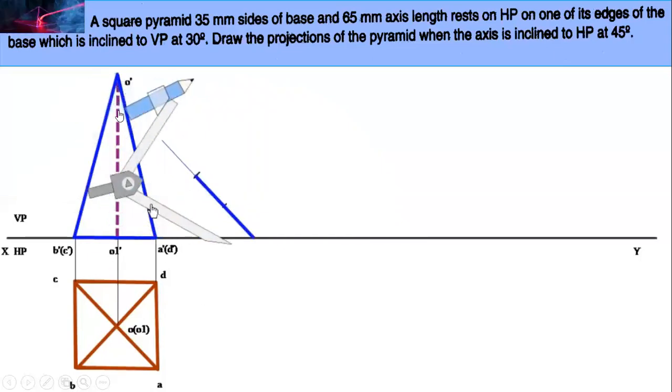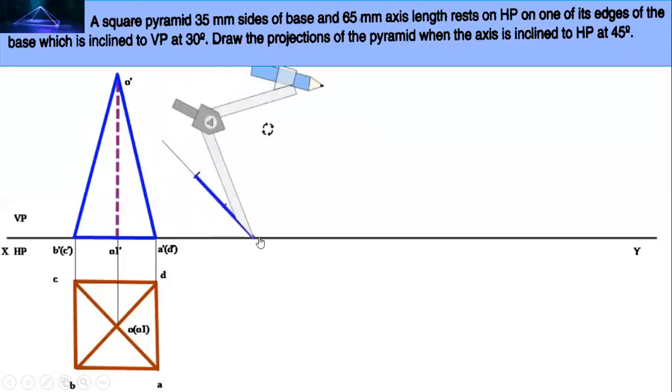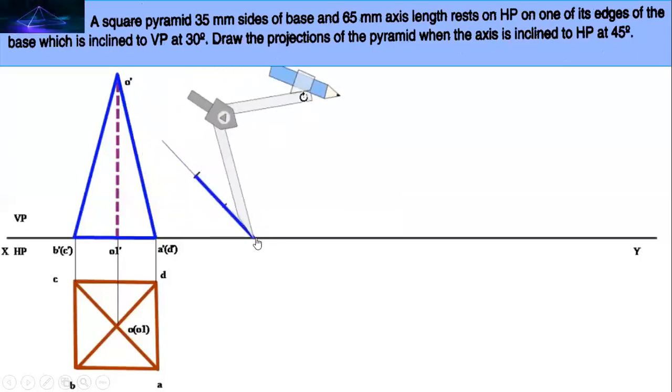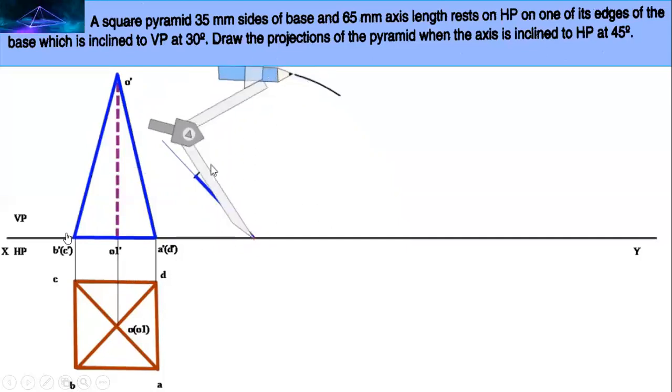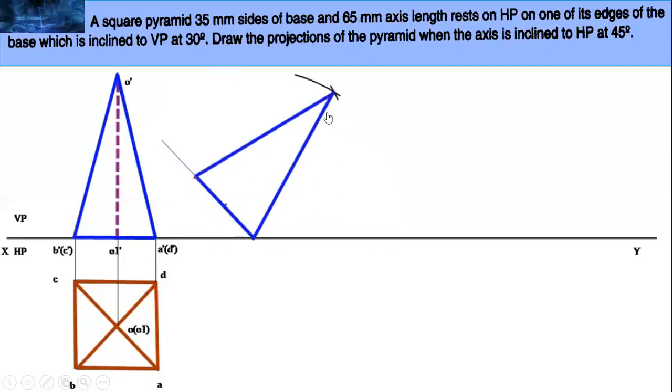Again measure A dash to O dash, with A dash on the XY line, cut an arc. Same measurement from B dash to O dash. So B dash as the center, cut another arc. Intersection will be O dash. Join them using visible line.